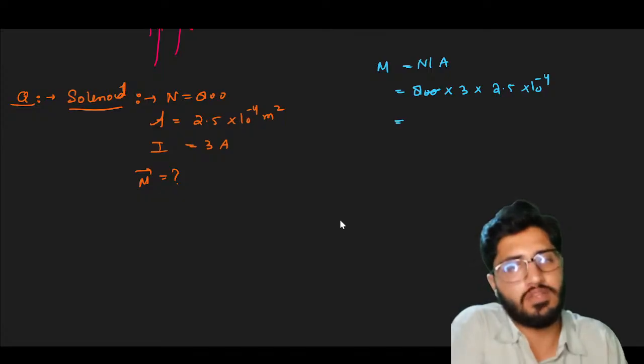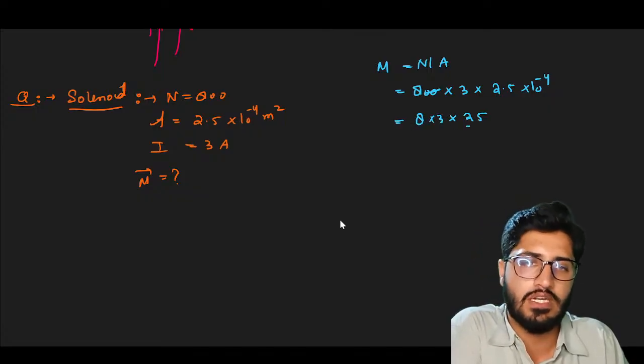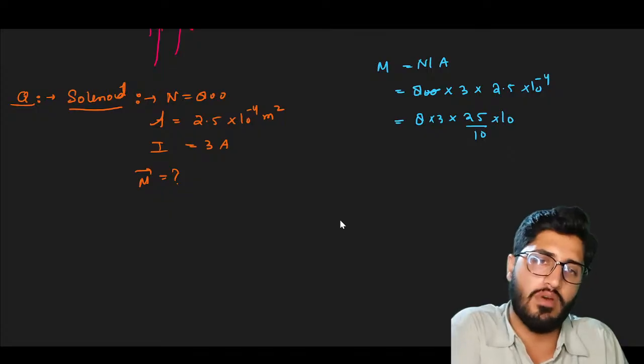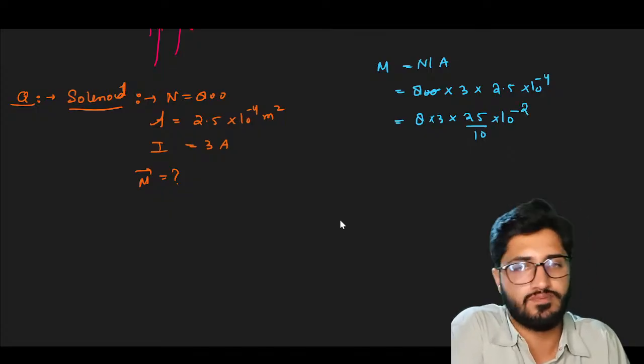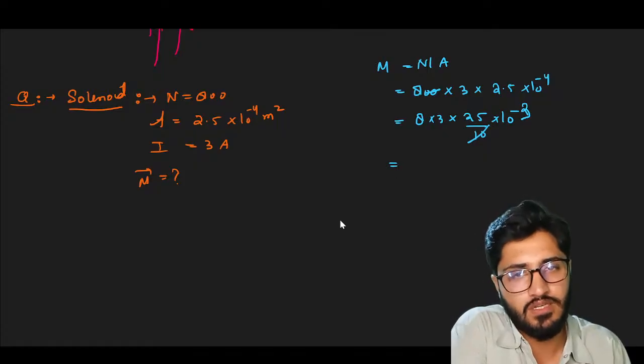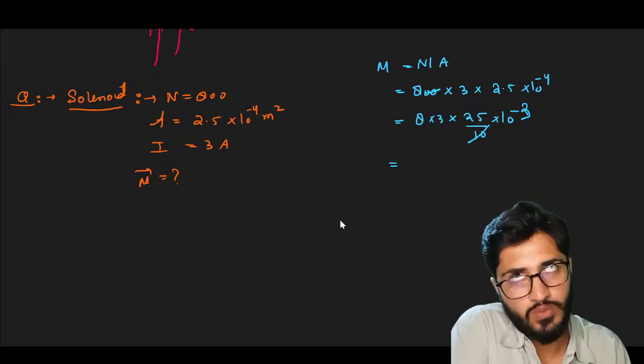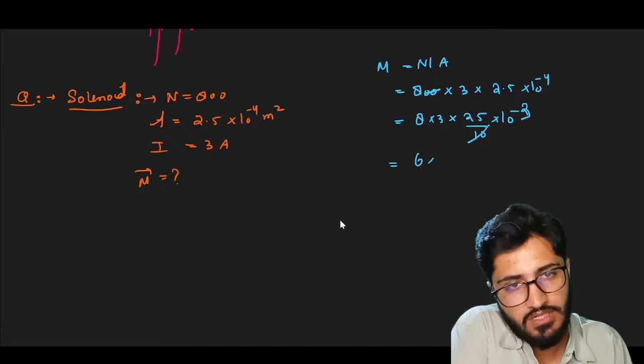So here what we have? Minus 2. So we have 8 into 3 into 25 divided by 10 into 10 to the power minus 2. It will go outside up. It will be minus 3. Done. So we are having 25 into 3, 75, 75 into 8. So we are having, I guess it is 6 × 10 to the power minus 2.